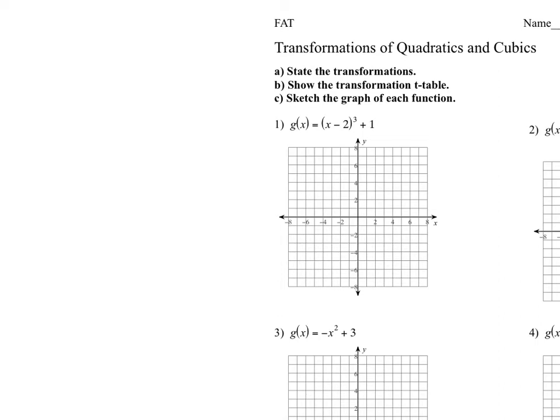If we take a look at the possible transformation, we'll have some function, let's call it g of x, equal to a times (x minus h), and this could be squared or cubed, depending on whatever the function is, plus k. Just a reminder, a is our vertical stretch or compression, like shrink.